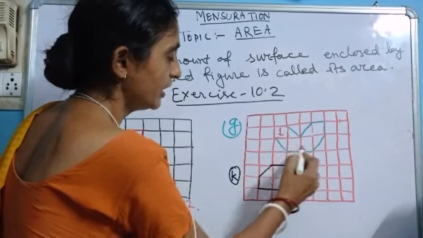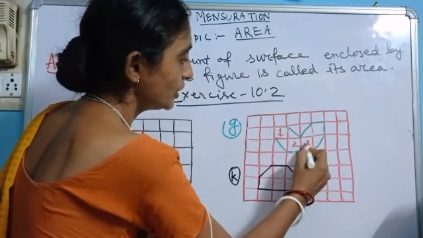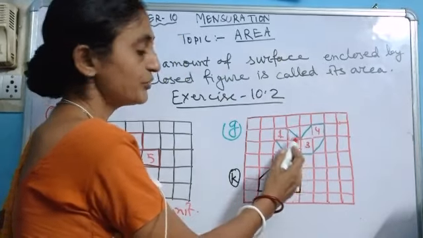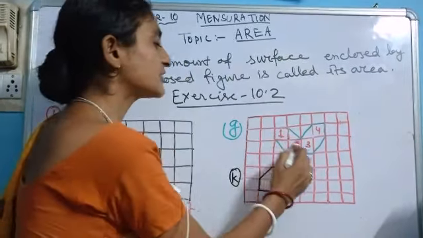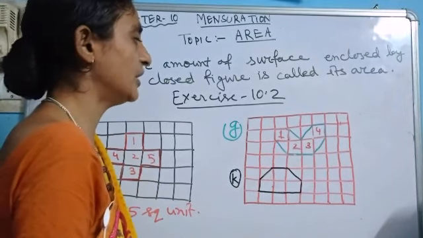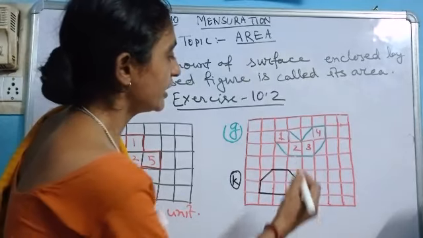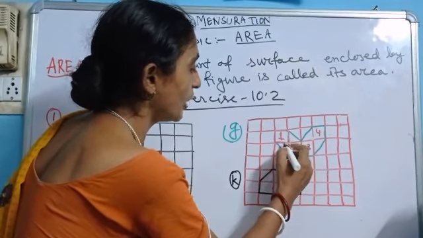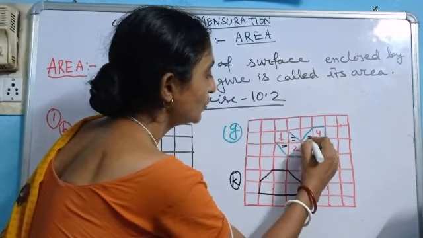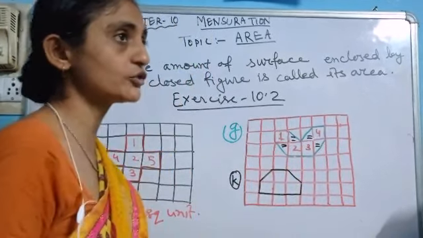We have 1, 2, 3, 4. 4 squares are completely filled. Except these 4, you have some half-filled squares. How many? 1, 2, 3, 4. 4 half-filled squares are also there.